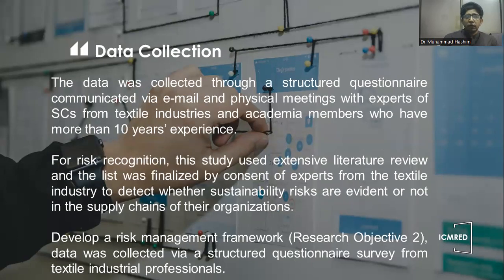For the purpose of data collection, the data was collected through a structured questionnaire, communicated via email and physical meetings, with supply chain experts from textile industries and academia members who have more than 10 years of experience. For risk recognition, this study used an extensive literature review, and the list was finalized by consent of experts from the textile industry to determine whether sustainability risks are evident in the supply chains of their organizations.